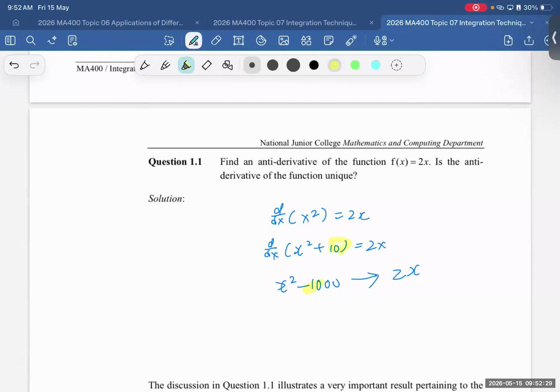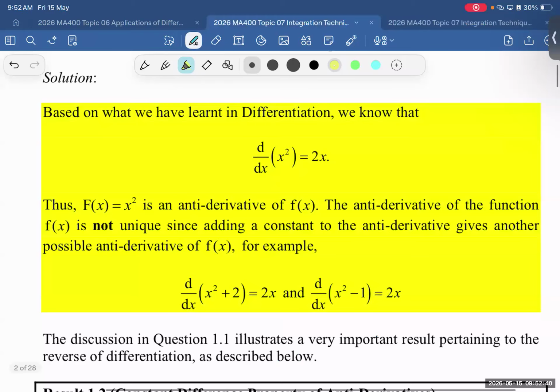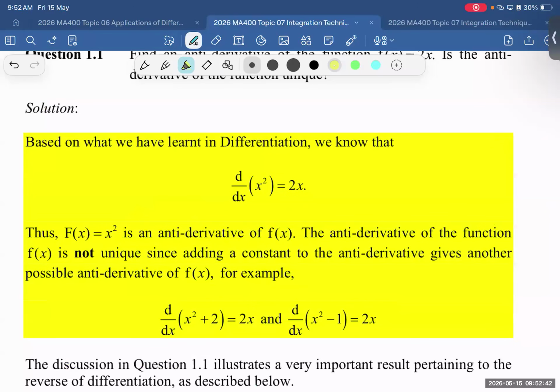We call this an arbitrary constant. So the antiderivative is not unique because some constant may have passed away during differentiation. Please write it down.